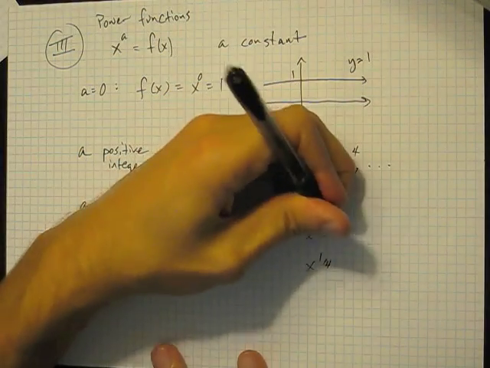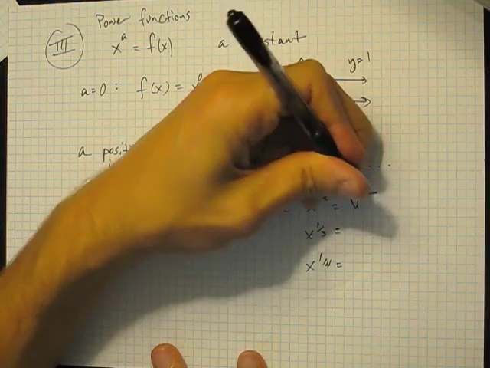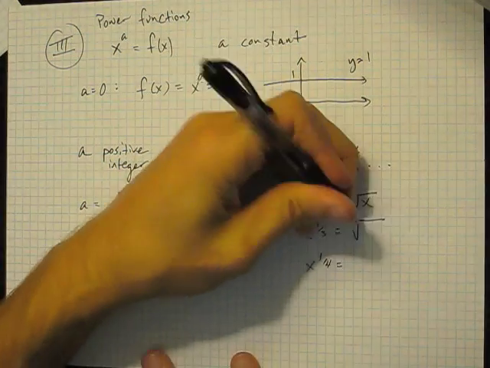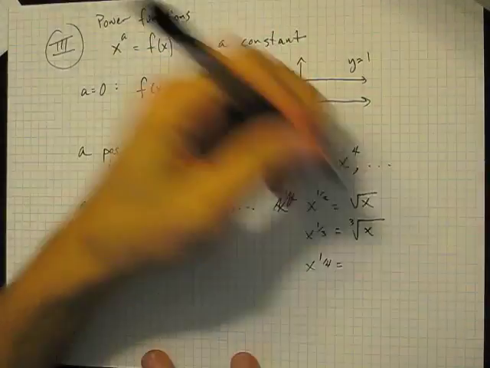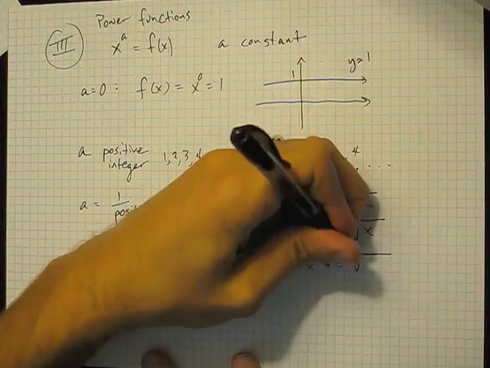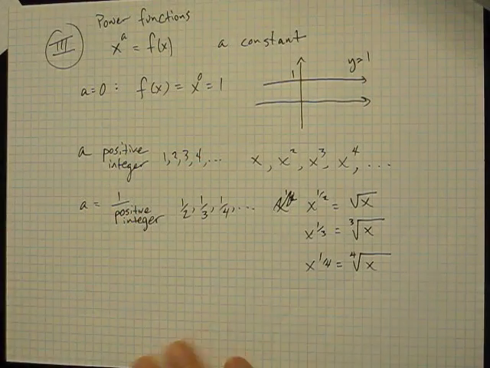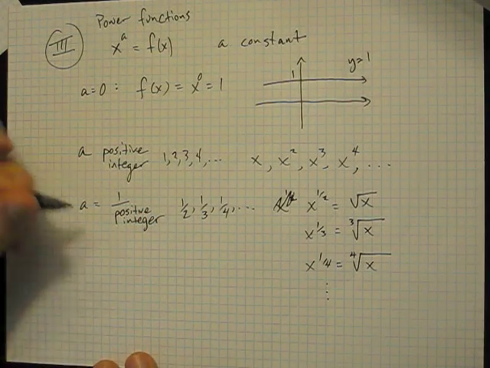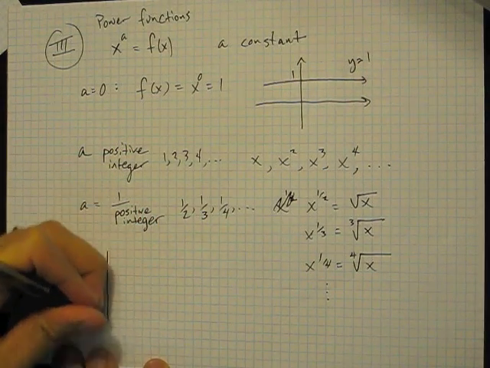These are probably better known by the symbols: this is the square root function, this is the cube root function, this is the fourth root function, and so on.